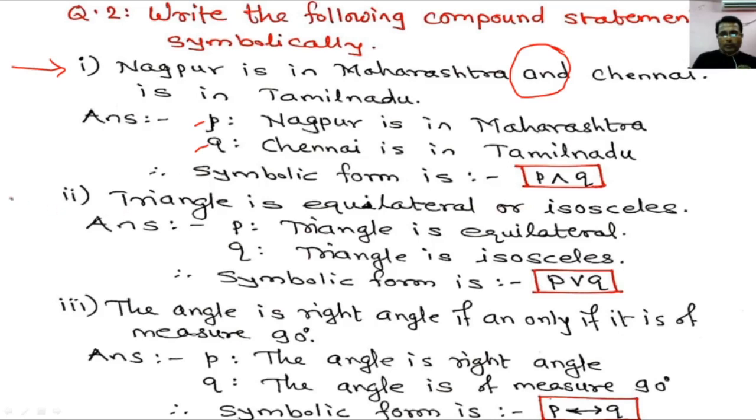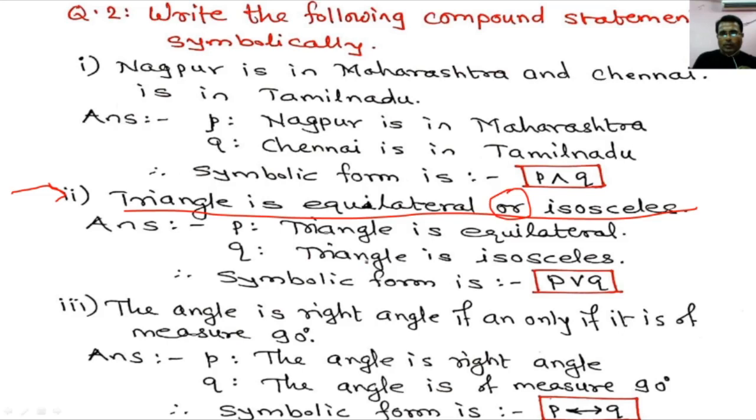Similarly, in the second question, we observe that triangle is equilateral or isosceles. The connective used is or, and taking P as triangle is equilateral, Q as triangle is isosceles, therefore its symbolic form is P or Q.